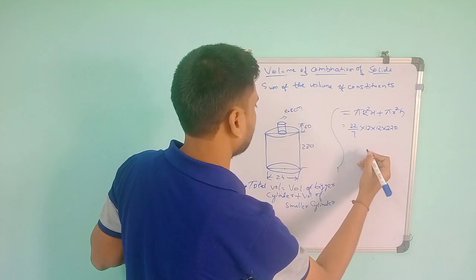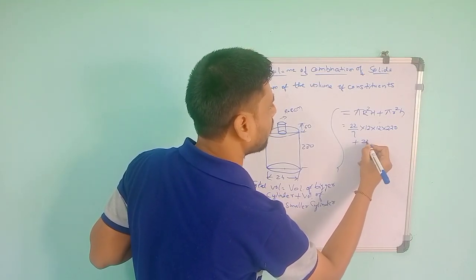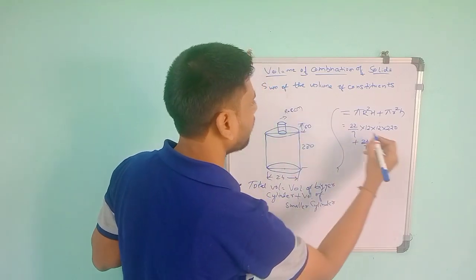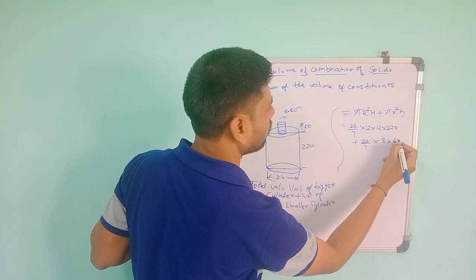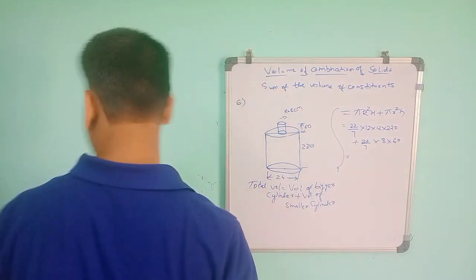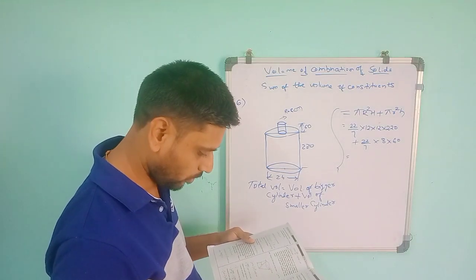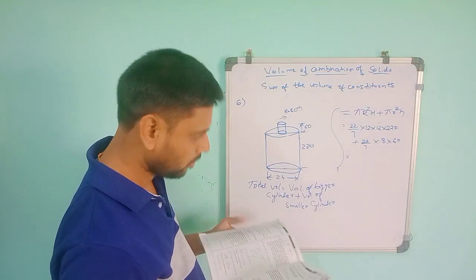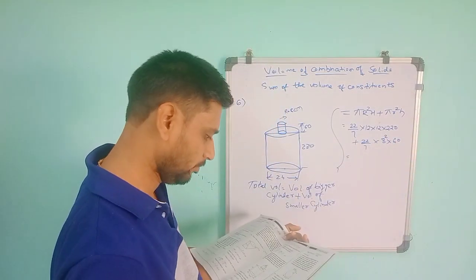The height they gave is 220. Then plus 22 by 7, r is 8, so 8 square, into the given height, 60. So 22 by 7, 12 square into 220, plus 22 by 7, 8 square into 60.